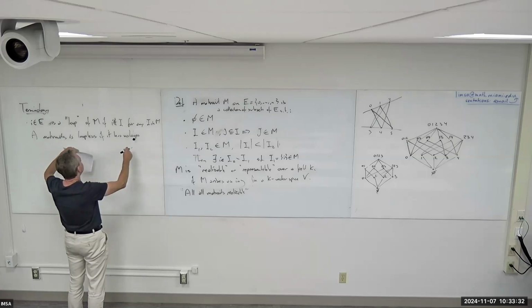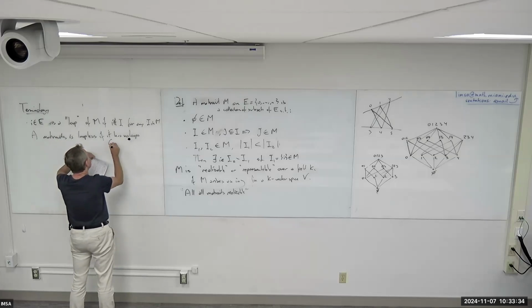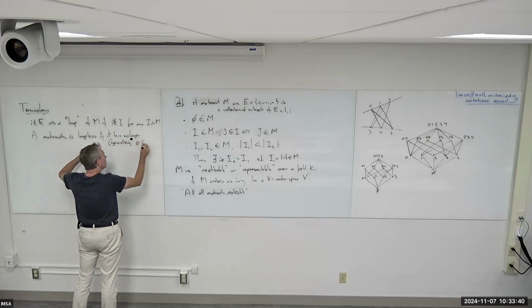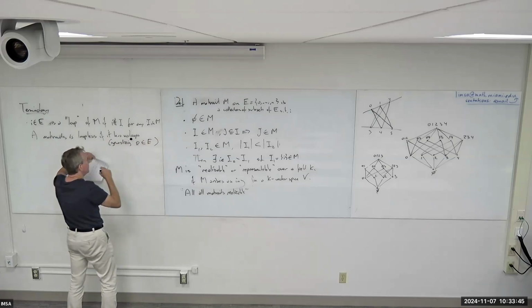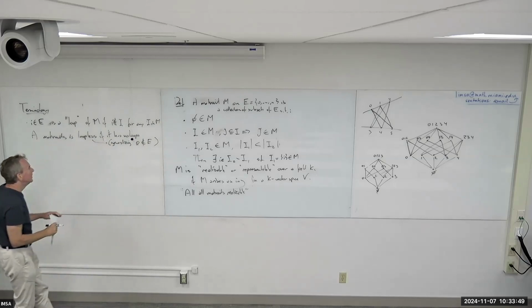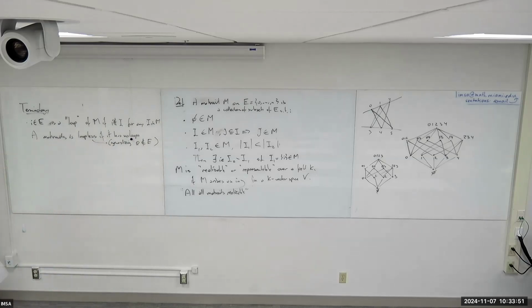What is this generalizing? It's generalizing the requirement that the zero vector should not be there. You don't want to have it. Loopless generalizes this, because the zero vector cannot be part of any independent set.